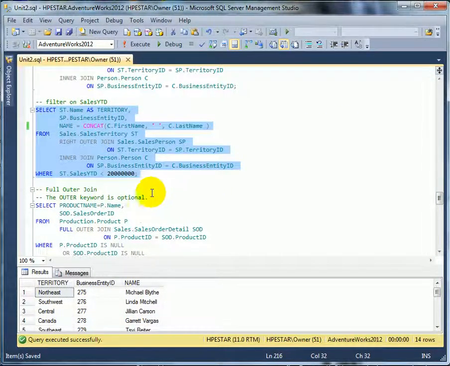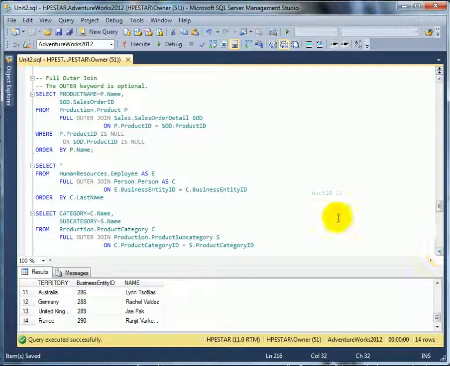In the following query, we are filtering on sales year to date less than 20 million. And this is the result. Full outer join.